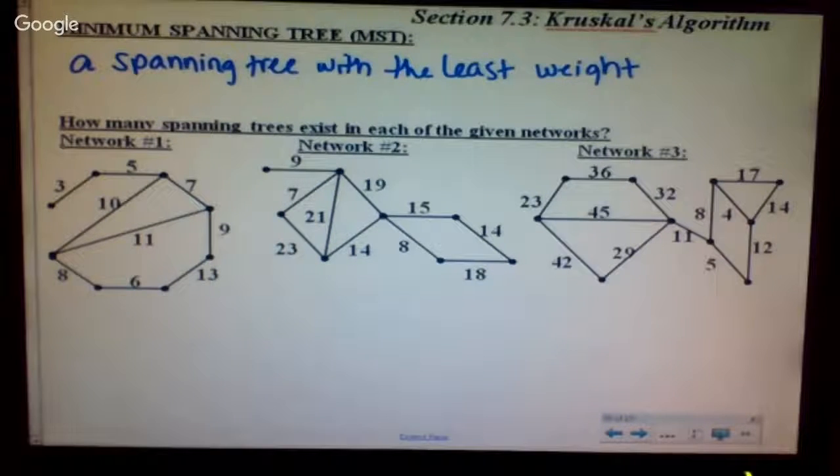How many circuits do I have? 2. Do they share a line? Yes, so they must go in parentheses. 1 has how many edges? 3. 2 has, minus 1. So you have 14 options in here.